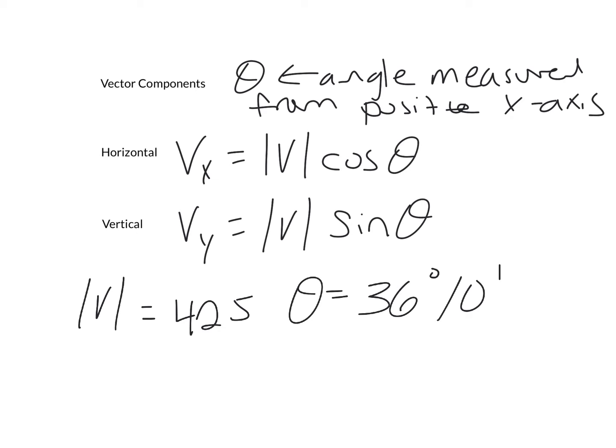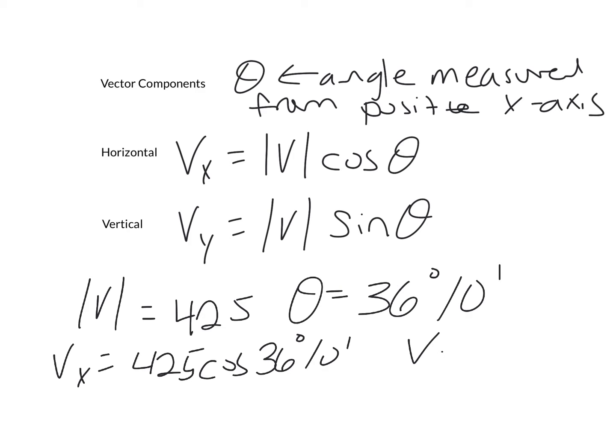So we use our formula, 425 cosine of 36 degrees and 10 minutes. That'll be for your x, your horizontal. For your vertical, it's 425 sine of 36 degrees and 10 minutes.